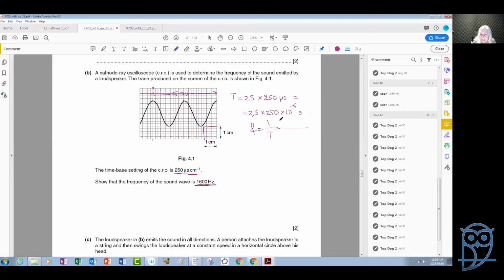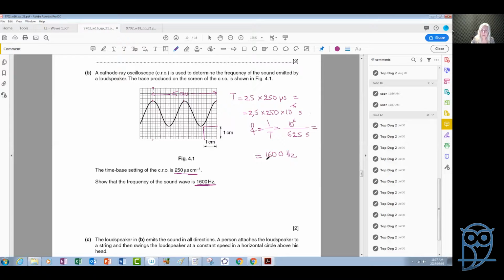So this would be 1 over 2.5 times 250, which according to my calculations is 625 times 10 to the power of minus 6 seconds. So we can put it on top. This should give us the 1,600 hertz, 1,600 seconds to the power of minus 1, which is hertz. So this should give us the answer.